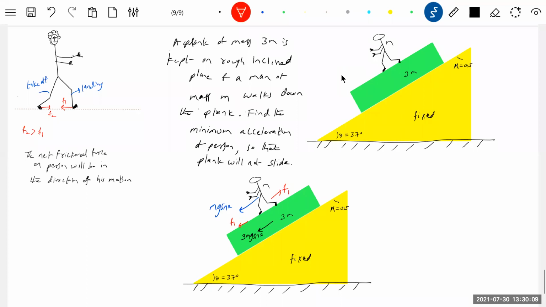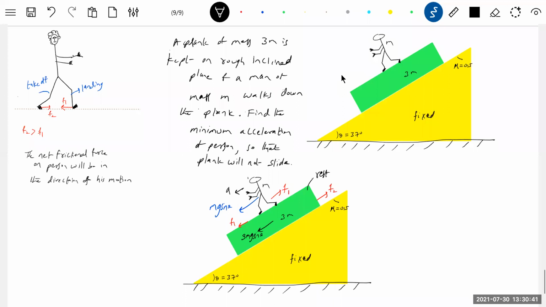Then the friction here should be such that minimum acceleration is asked. F1 and F2. So now the person will accelerate. He should accelerate. He should run down. And then what about the plank? The plank should not move. It should be at rest.